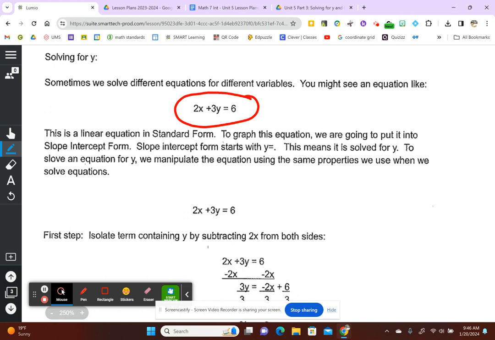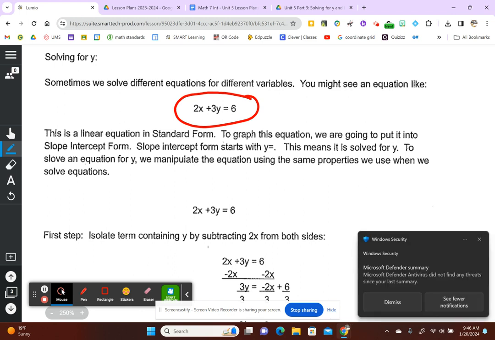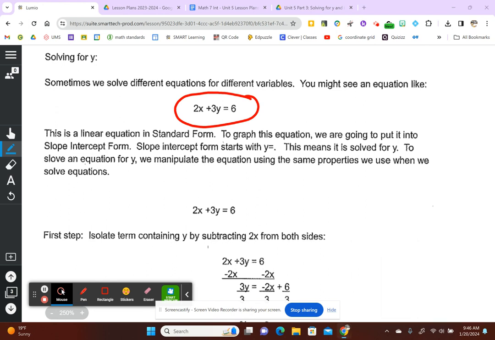I want to solve this equation for y. Now, when you used to solve for y or for x, you wanted to isolate whatever variable you were solving for. We're going to do the same thing here. What's different, though, is instead of getting just one number, you're going to get it equal to something in terms of x, and that's okay.